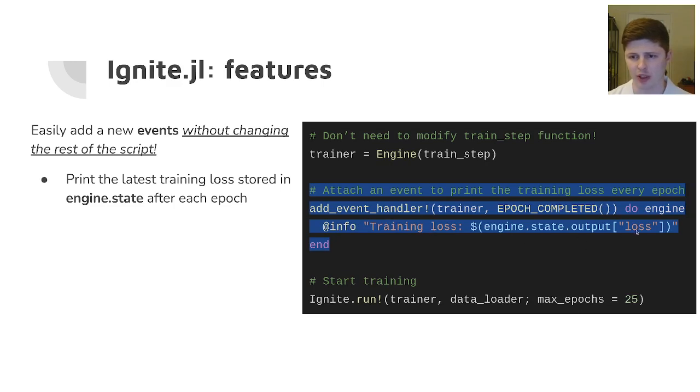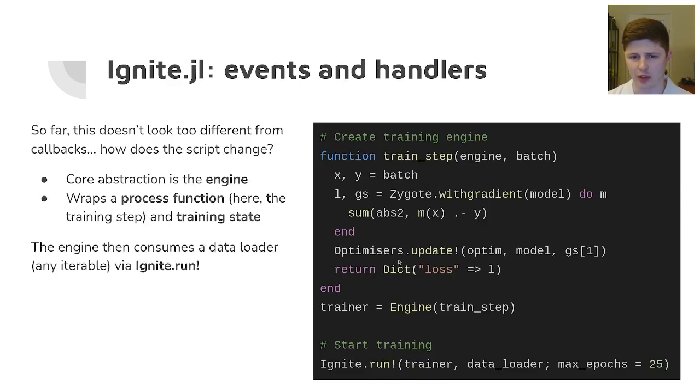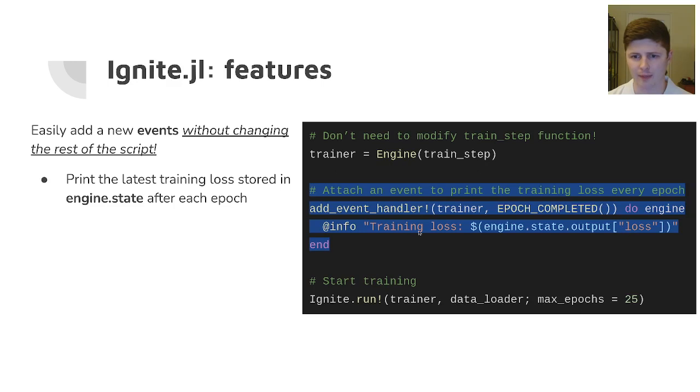This is stored in engine.state, a field that every engine has, and the output is populated automatically, and we get the loss key, which again from the previous slide is output by the train step function. So this is nothing special, this is just what we returned, and now we're accessing it, and we can just print it. And then the most important part here is this epoch completed event.